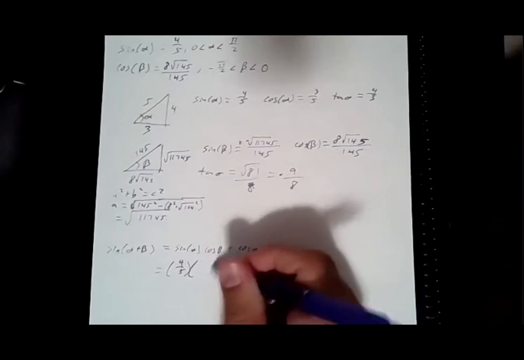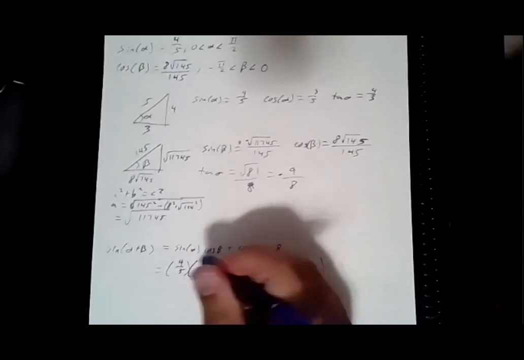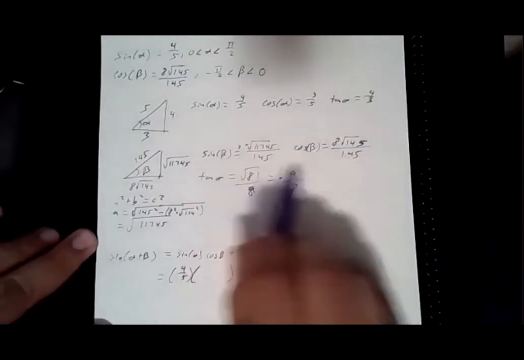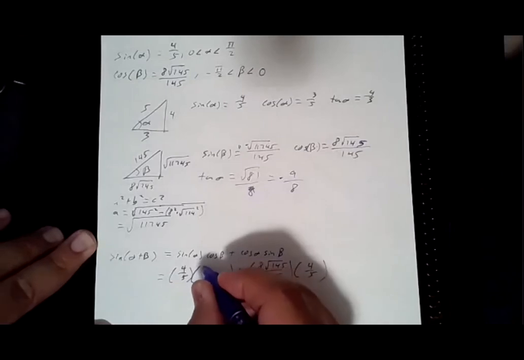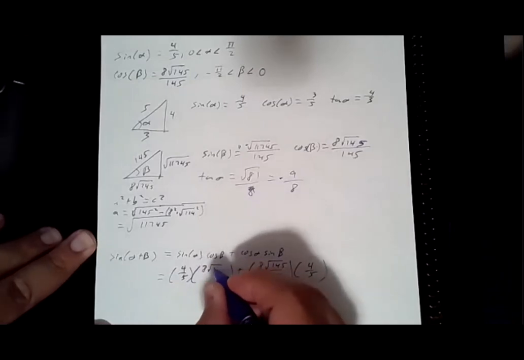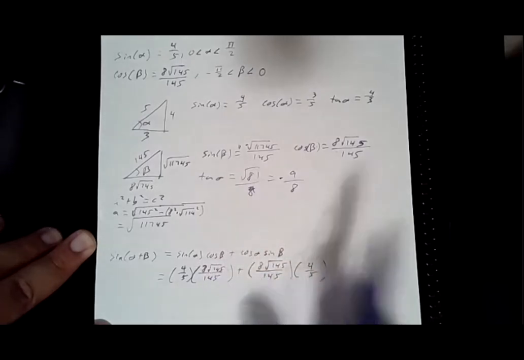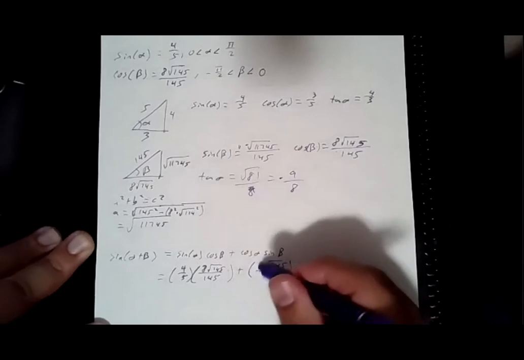Sorry about that. You guys see the point, just plug them in. Here's beta. This is cosine alpha, which was 4/5, so that was right earlier.